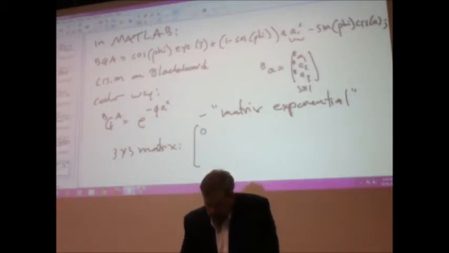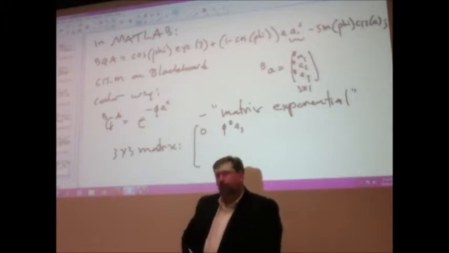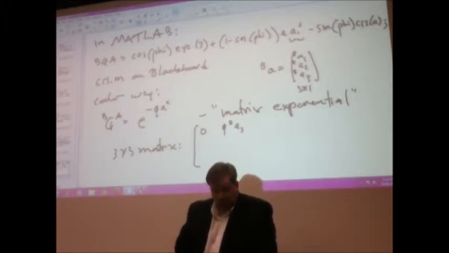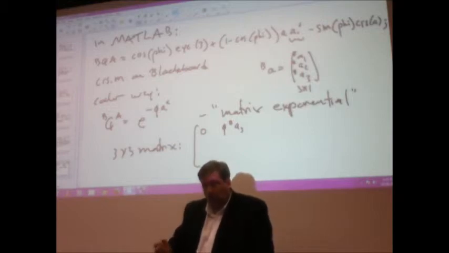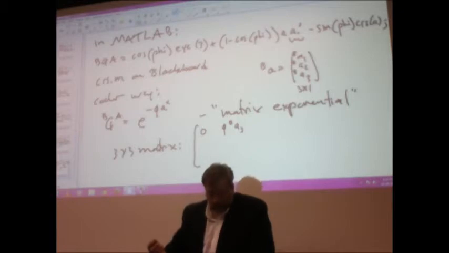All right, so 0. Positive phi times A3, which is the third component of the axis of rotation, as written in B coordinates. You could also use the A coordinates version. It's the same thing. I'm just writing here as B to have a specific thing to write down for you.